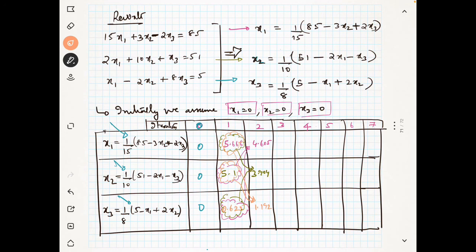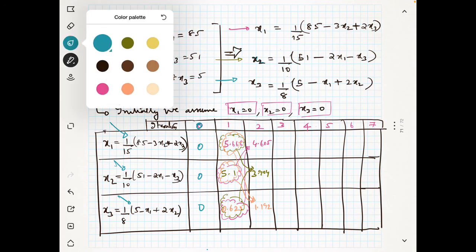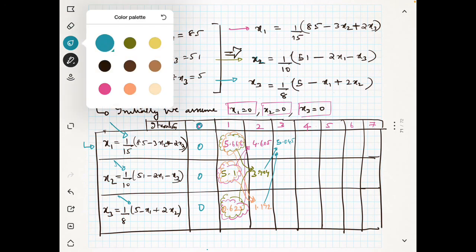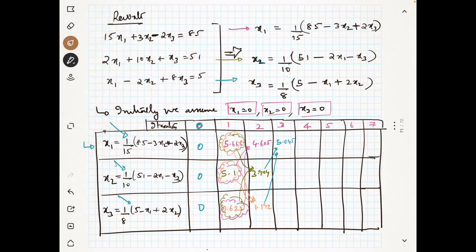If you proceed in the same way, what I am going to say is that you will use, I will use a different color. You will use this value and this value, and you will finally find out by using this equation for x1. You can find for iteration 3 this becomes 5.045. Similarly, for x2 you can use another equation.